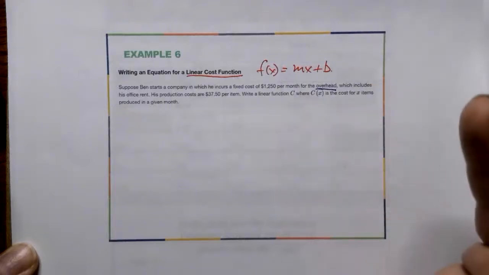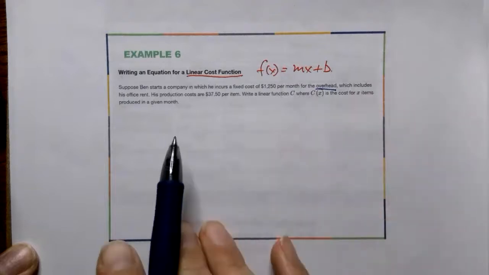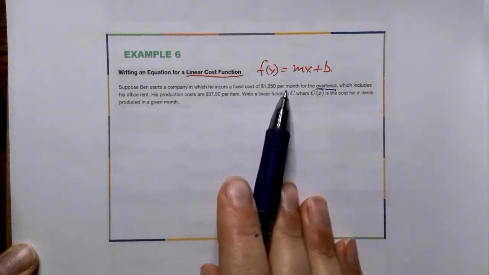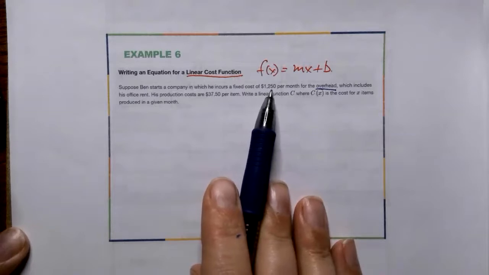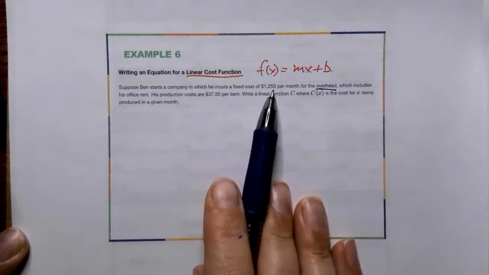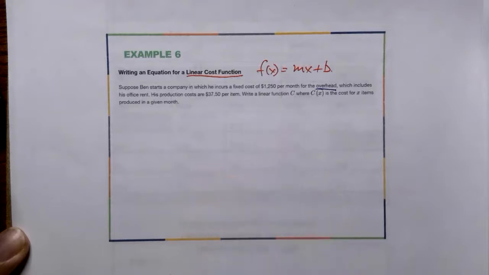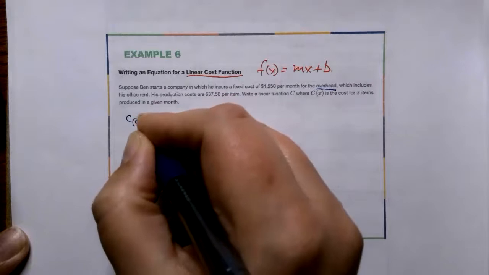It's basically the same each month. And they told us that it's 1,250 per month. So this would be your initial value. So before you even started producing anything, this is what your cost is. So this is the cost of 0 units produced.